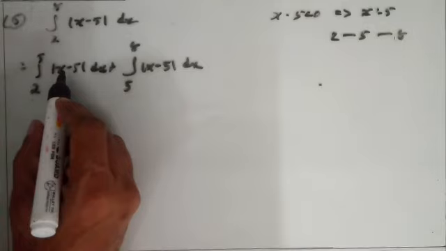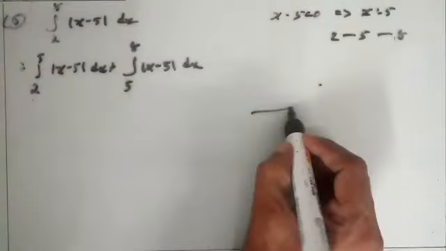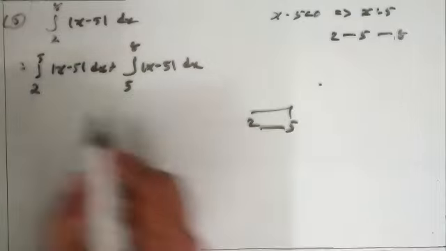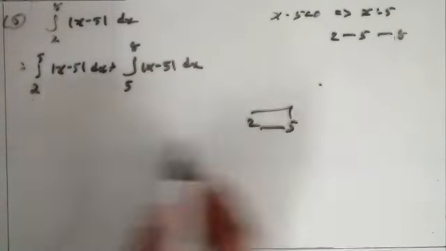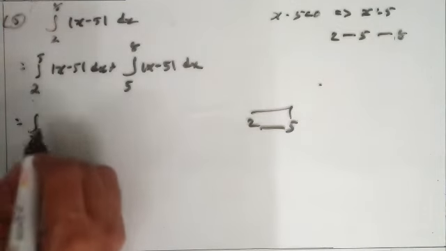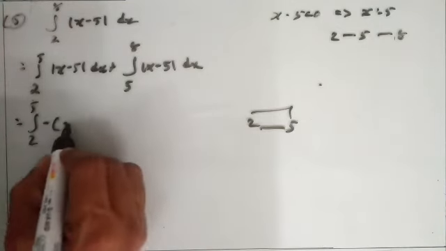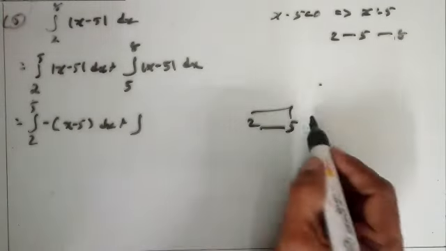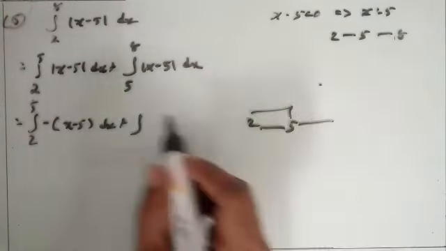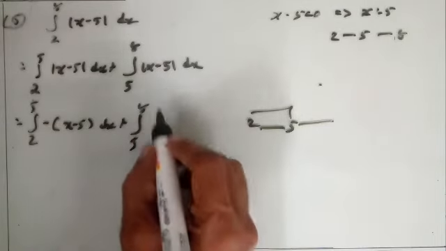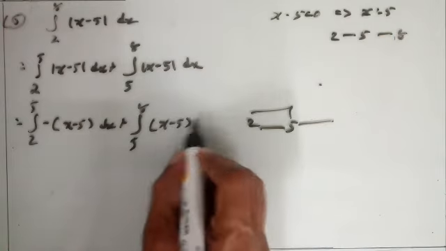Here for x less than 5, x minus 5 becomes negative, so mod of x minus 5 becomes negative. So integral 2 to 5 of minus x minus 5 dx, plus for x greater than 5 this becomes positive, so integral 5 to 8 of x minus 5 dx.